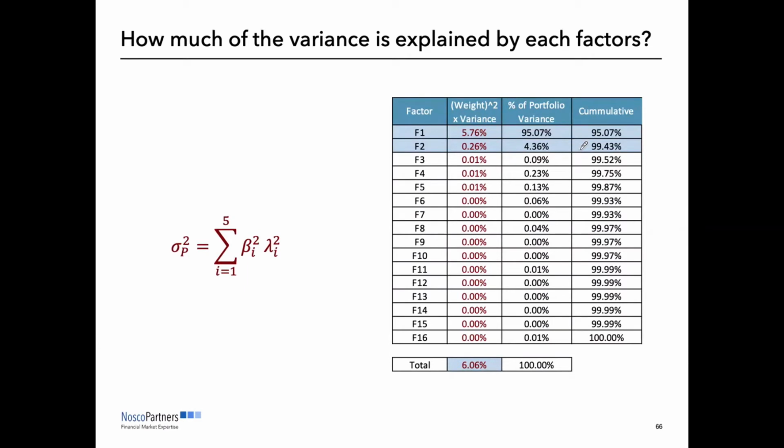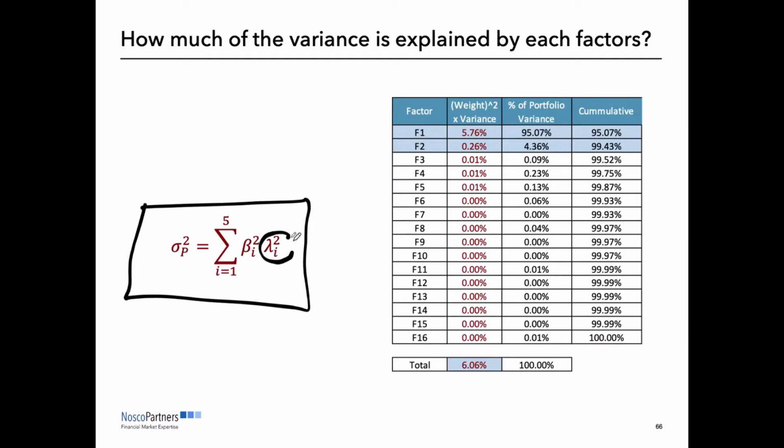And now the cool thing, if I actually look at the variance of my portfolio, and I write the variance of my portfolio in terms of the factors, right? We know that the variance of the portfolio is a weighted sum of the variance of the factors.